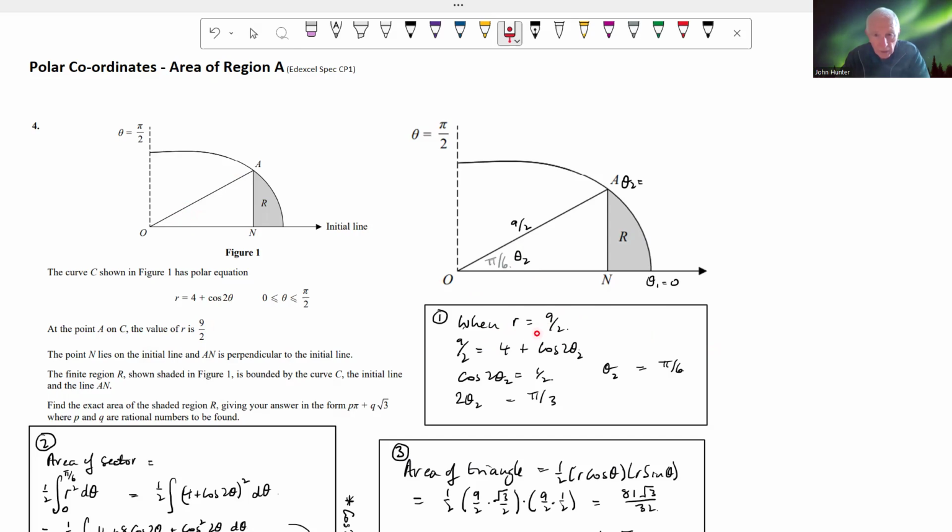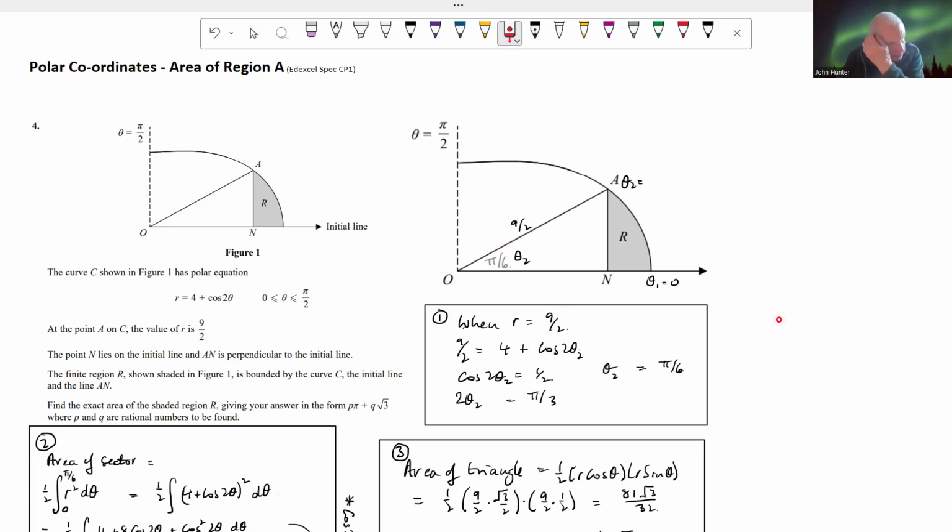So when r is 9 over 2, we substitute in there, then 9 over 2 equals 4 plus cos 2 theta 2. That's just substitution into that equation. And when we work that through, that is going to give us that theta 2 is pi by 6. So that's this angle here. I've marked it in grey now.